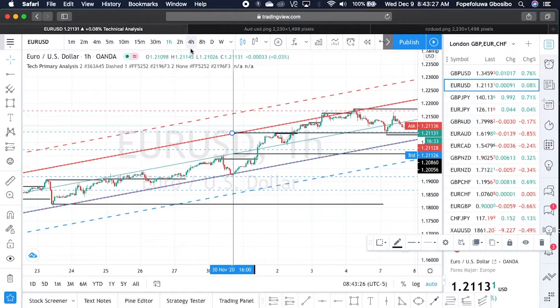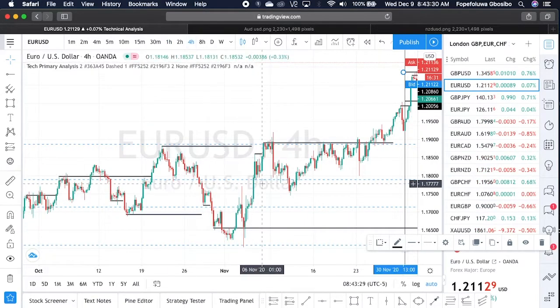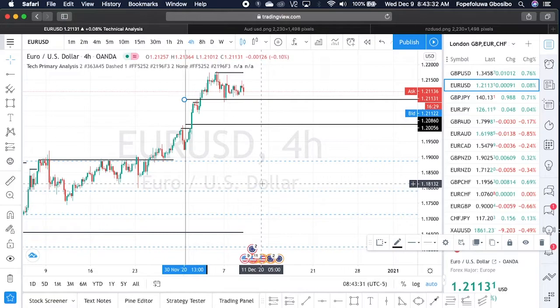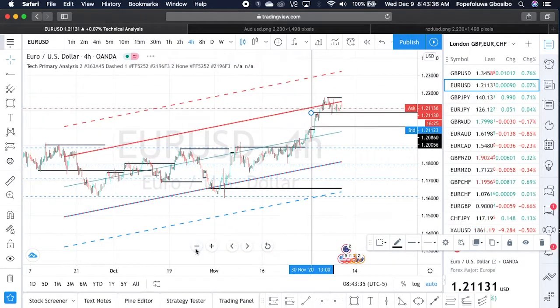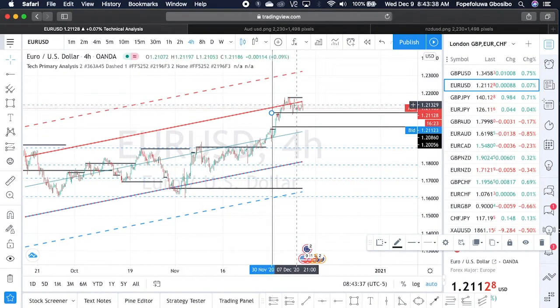You scroll back to your higher time frame, and as you can see, this is your TP right now. Your higher time frame is going to tell you, oh, you're at this point. It hasn't shot up to the top of the channel.